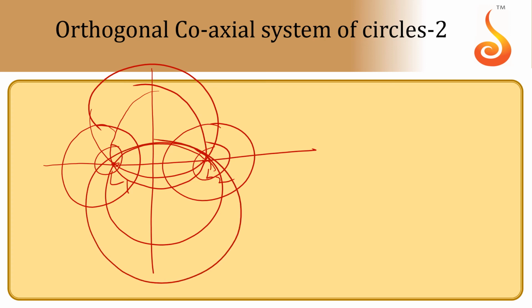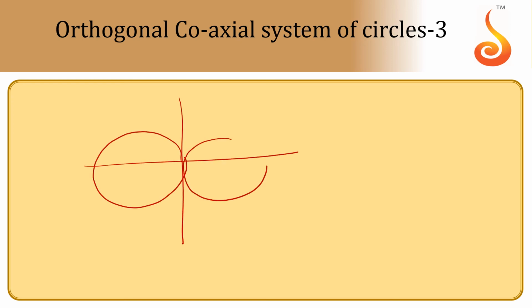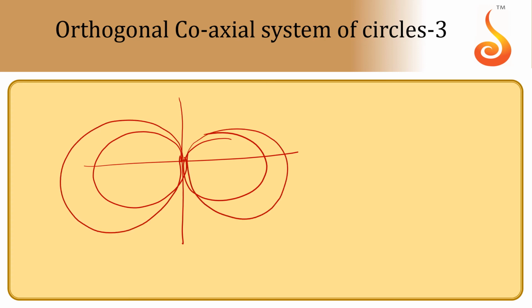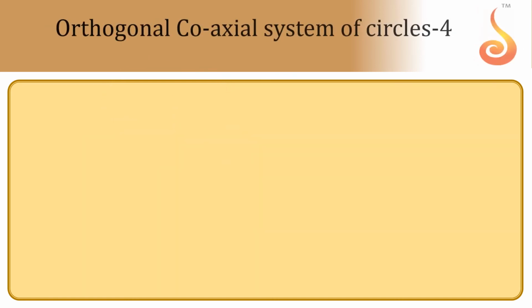Then if the system is non-intersecting, its orthogonal is intersecting, passing through the limiting points of the first system. So if the given system is touching, limiting points will be at origin. Then its orthogonal system also passes through origin and touches at origin. So if the system is touching, its orthogonal is also touching.